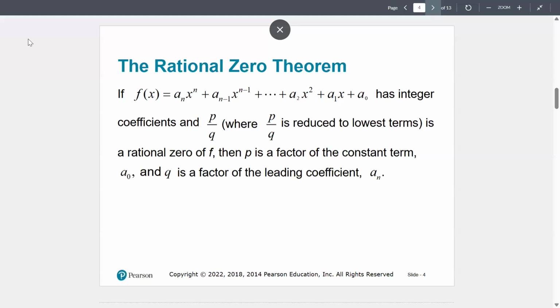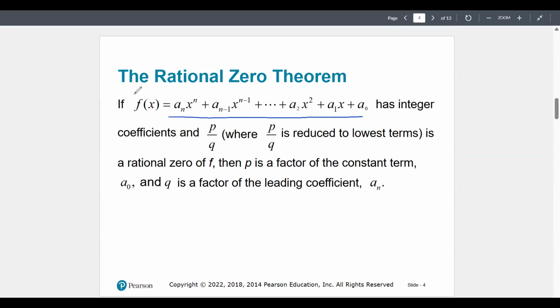So we have a polynomial. This is just our generic polynomial. If the polynomial has integer coefficients, meaning a_{n-1}, a_2, a_1, a_0 are integer numbers, sorry.